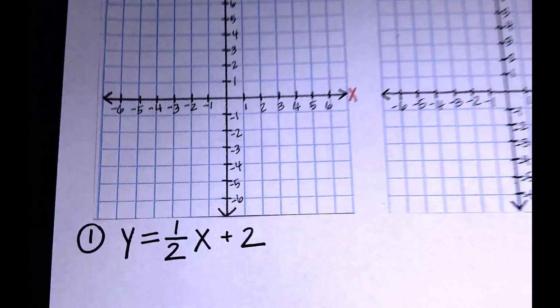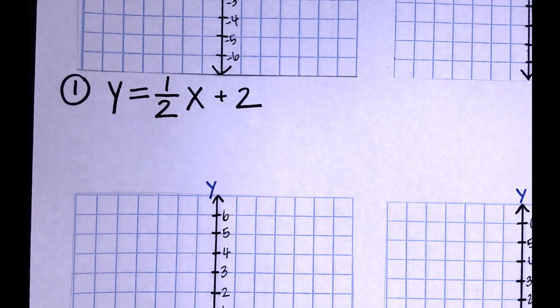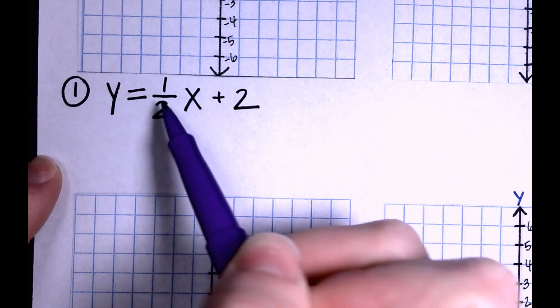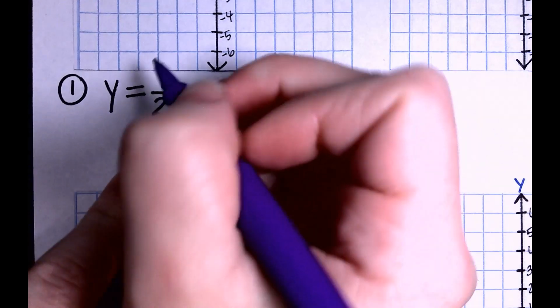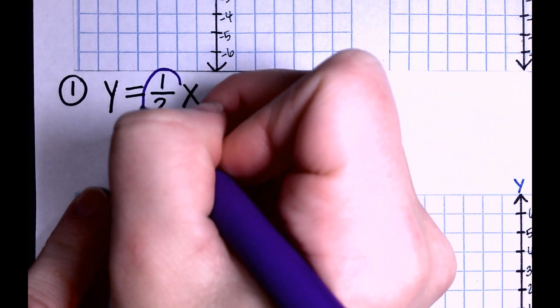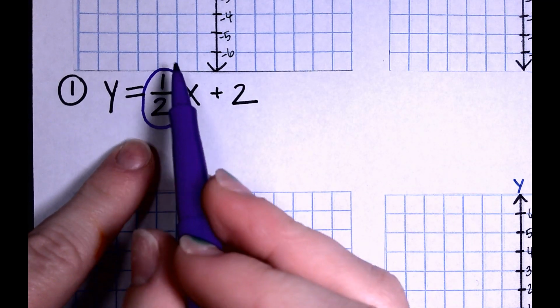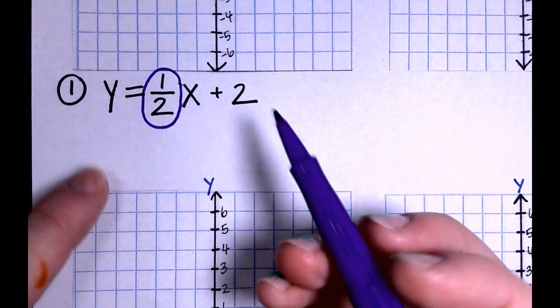So I'm going to zoom in on this, and the first thing we're going to do is point out which numbers mean which things. So remember, I have y equals mx plus b. My m is my slope. So since instead of an m, I have 1/2 written, this 1/2 will be our slope.